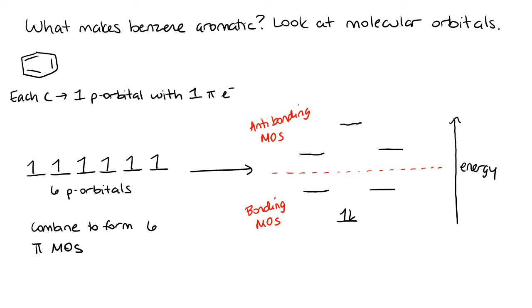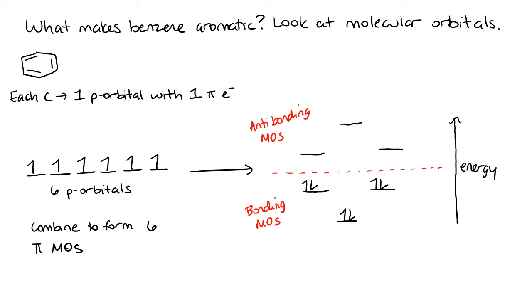Next we move up, and we'll put 2 more by themselves, and then we'll come back and pair up the last ones. So we've taken 6 pi electrons, we've put them in our molecular orbitals, and it turns out that all of the electrons are paired in bonding molecular orbitals. None of the electrons are in anti-bonding molecular orbitals.